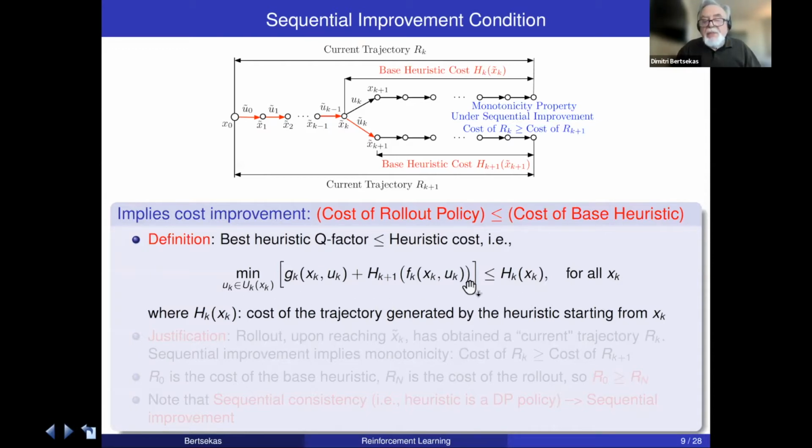Now, what is the left-hand side? You will recognize for every given u, this term here as the Q factor corresponding to u. So what this says is that if you calculate all the Q factors and find the minimum one, then you are going to obtain a cost in the corresponding trajectory that is better than the cost of the heuristic starting from xk, better or equal.